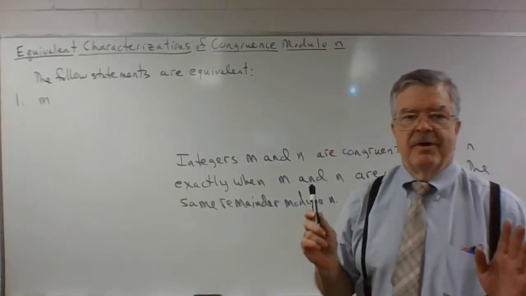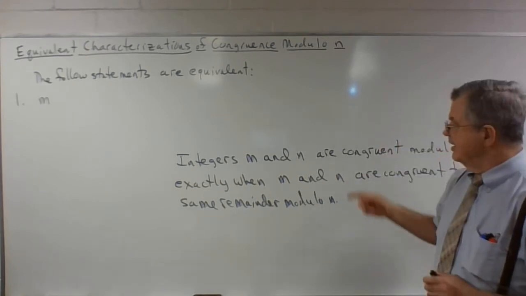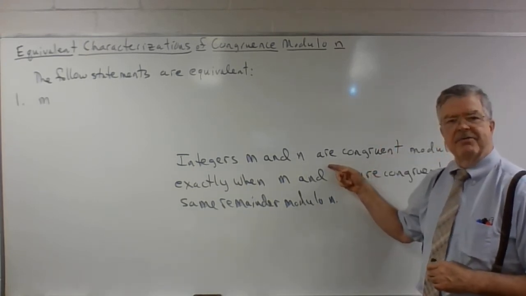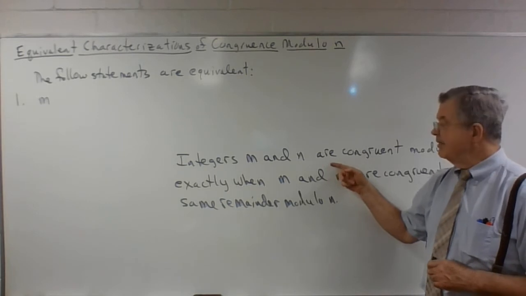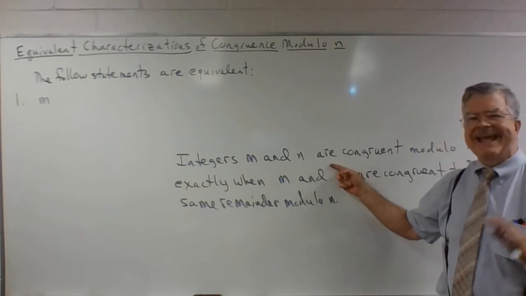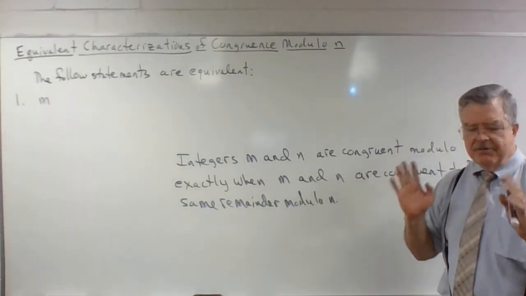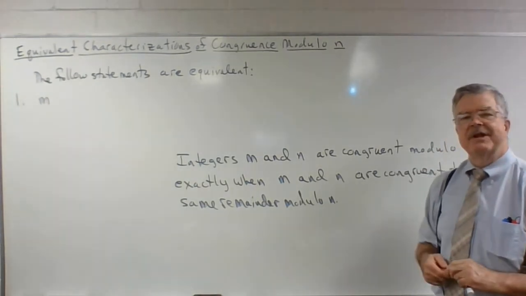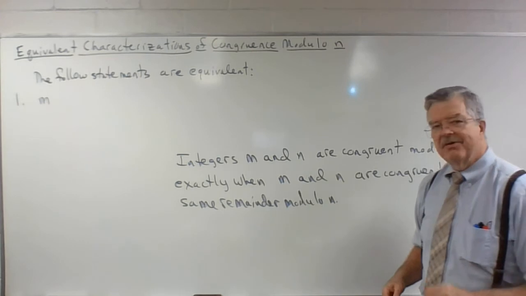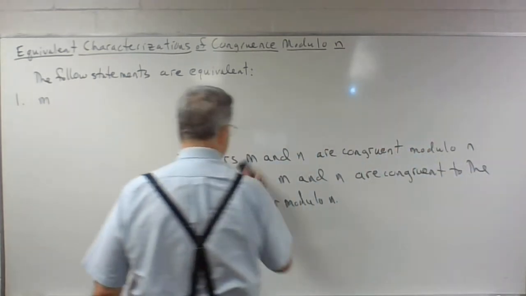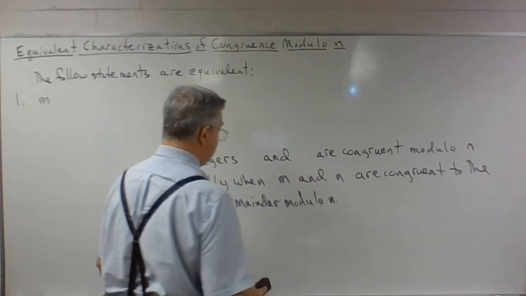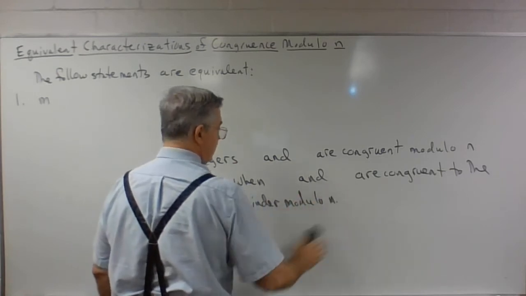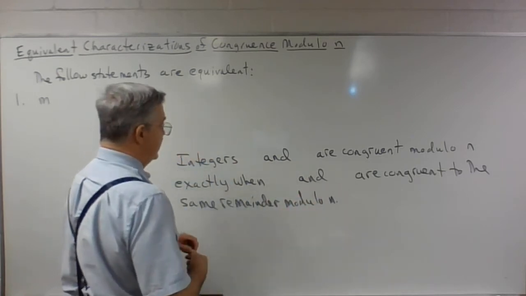You know what? Before I go on from this, let me correct something here. In my statement, I'm using n for two different things. So let me rewrite this correctly. I'll make my corrections in red.